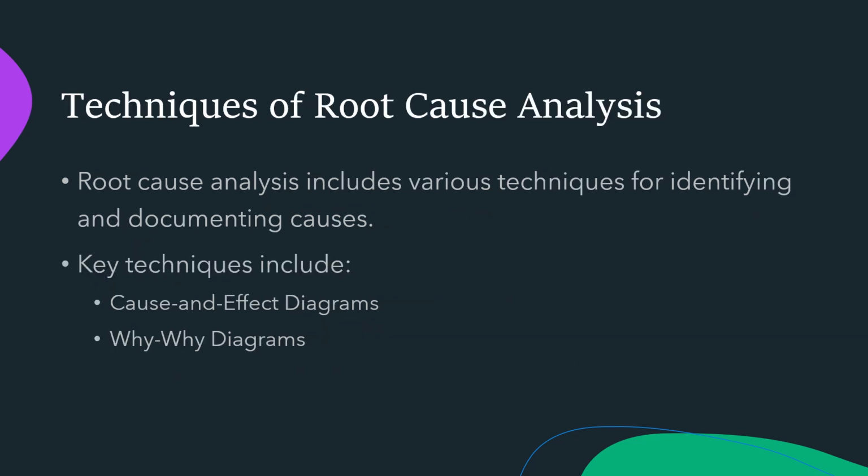Further, there are techniques of root cause analysis, which include various techniques for identifying and documenting causes. The key techniques include cause and effect diagrams and why-why diagrams. These techniques help analysts document and systematically address these issues, ultimately aiming to improve the process and prevent future occurrences.